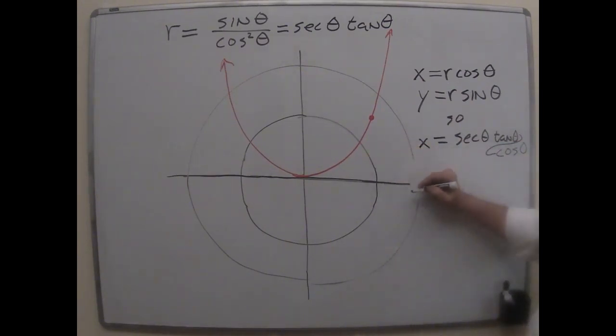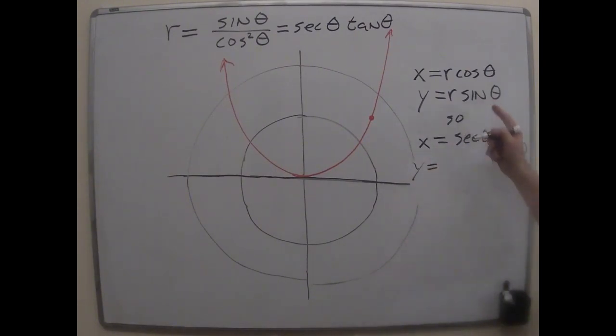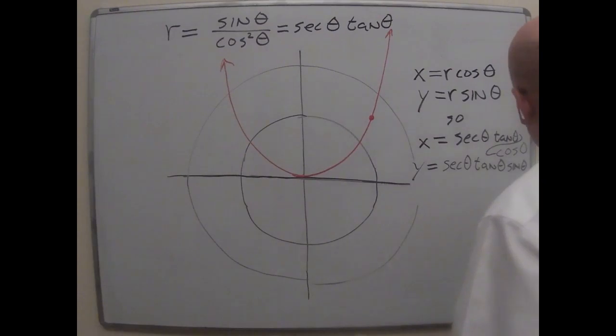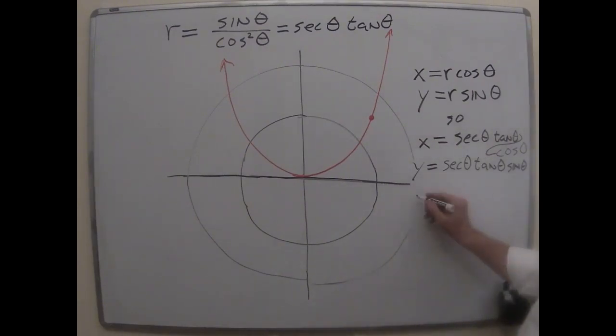And I'll leave more room for y. Y is secant tangent sine. All right. So what we're going to do is figure out what dx dt is and what dy dt is. And then we're going to compare the two and cancel out the dt's and get a slope.